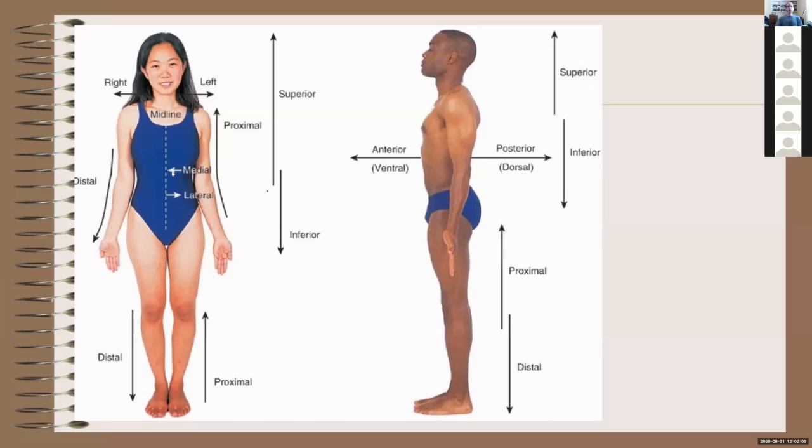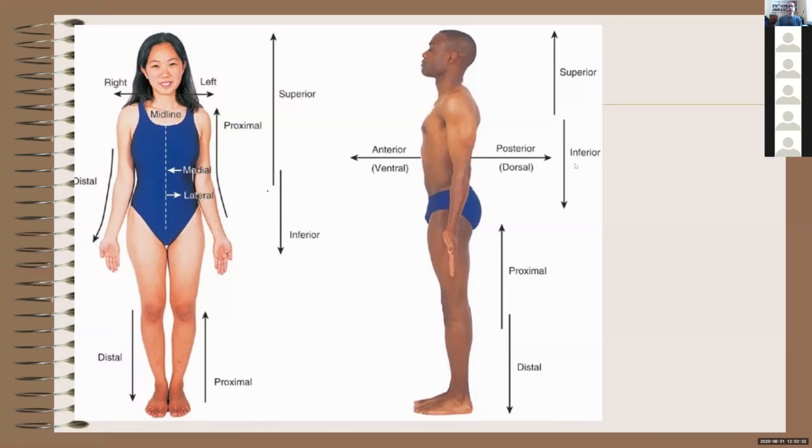Now, when we're referring to something that is below that person, towards the bottom, we need to go over here to the right. When we're saying down towards the bottom, we use the word inferior direction.